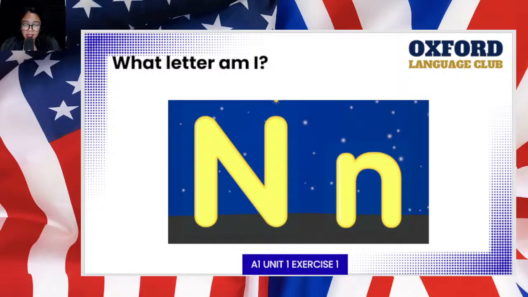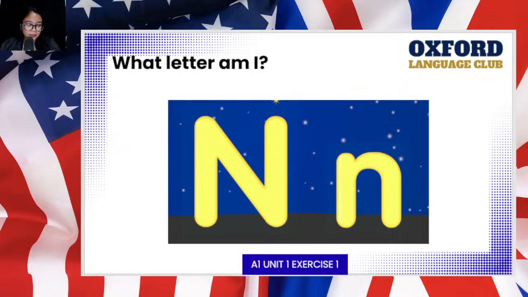Again, the letter is N. Its pronunciation is N. So you hold the sound, okay? Keep your mouth perfectly still and feel the air only at your nose. This is a very clear nasal sound. N. So the letter is N.